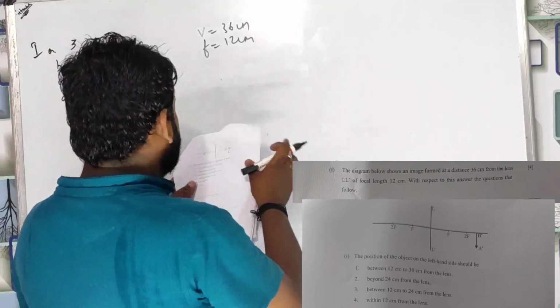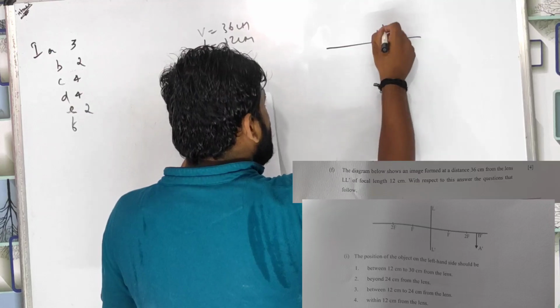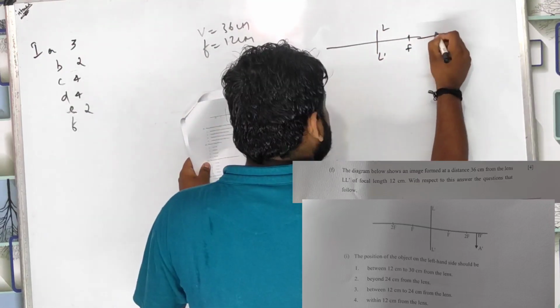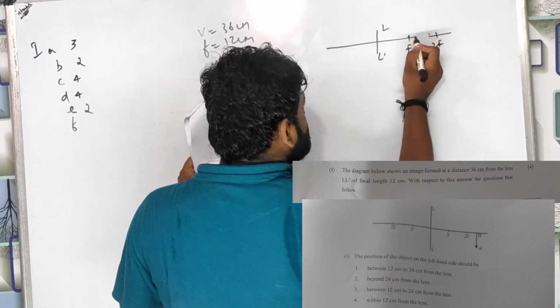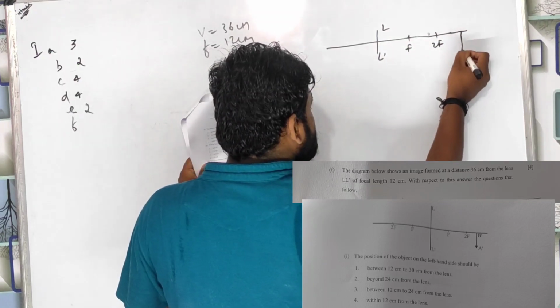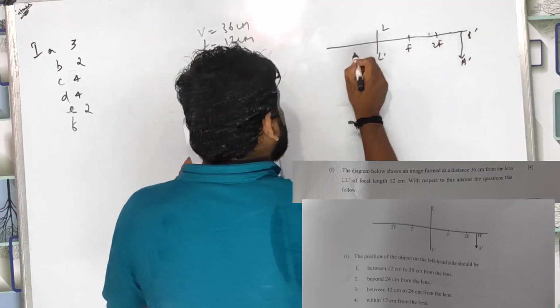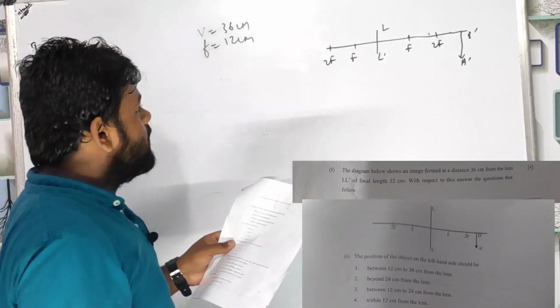With respect to this, the question follows. Here we concluded we have to draw the figure, without a figure we cannot do anything. Let us mark L dash, F, then 2F, and then over here the image A dash B dash, with F and 2F.